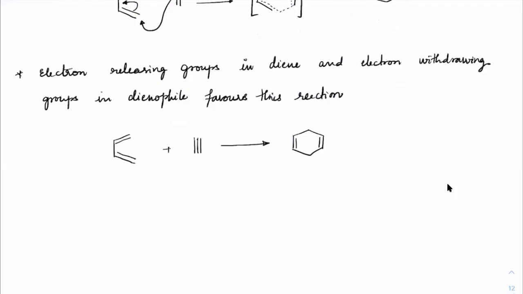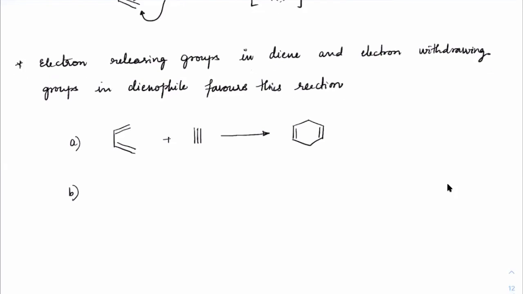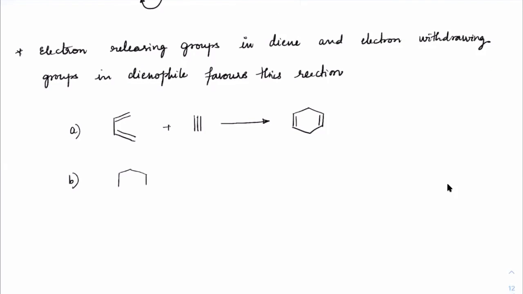Let me take one more reactant like this. Suppose the diene is such that there is already a closed ring on it, and again one more double bond is trying to approach it.